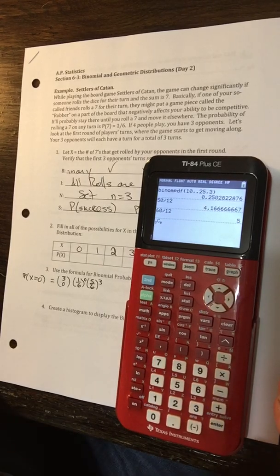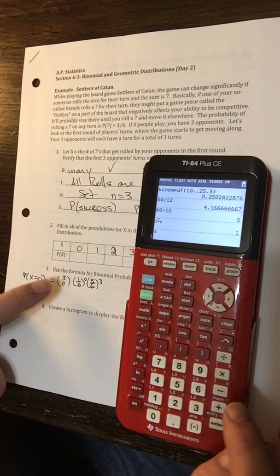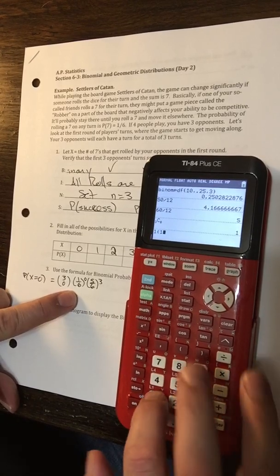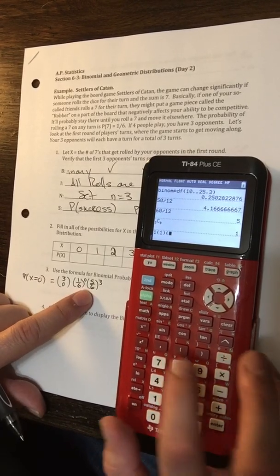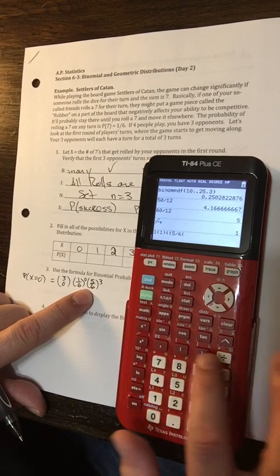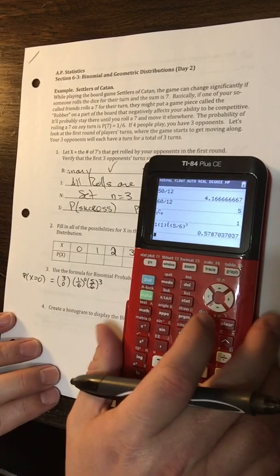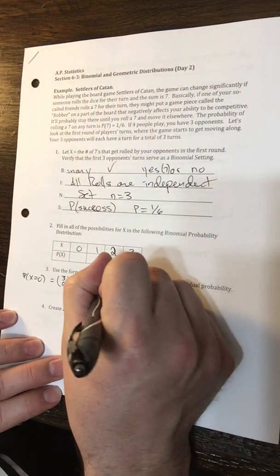Okay, that's 1, by the way. I'm going to hit enter. It's just 1. There's only one way to not get any 7s. You don't get any 7s. So it'll be 1 times 1/6 to the 0. That's just 1. And then times 5/6 to the 3rd. Okay, that's 0.5787.